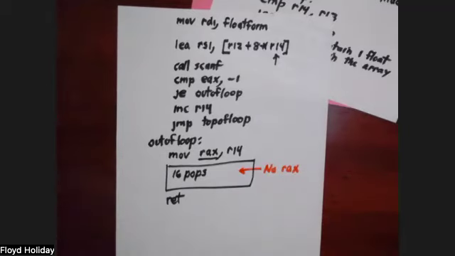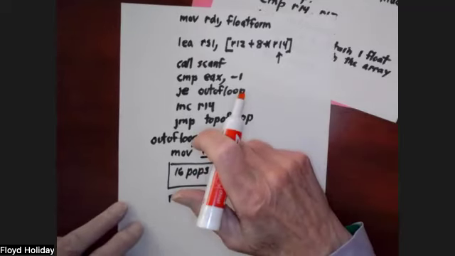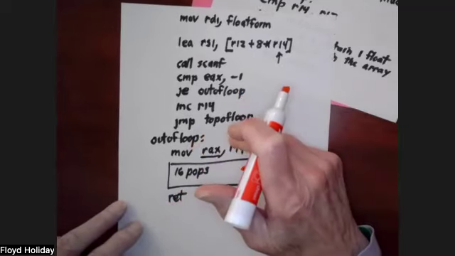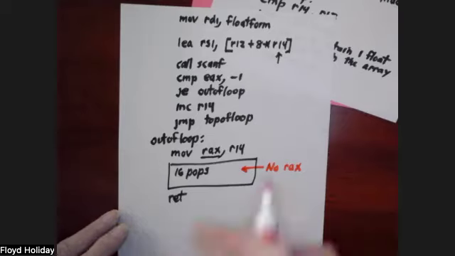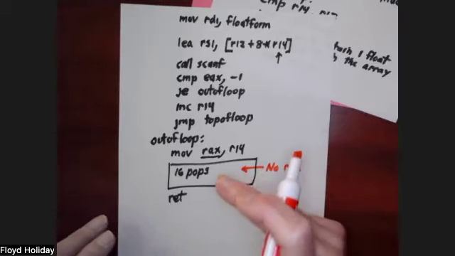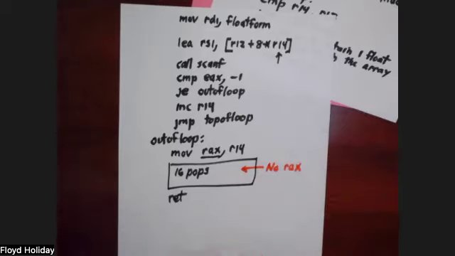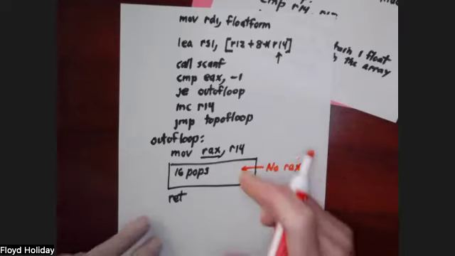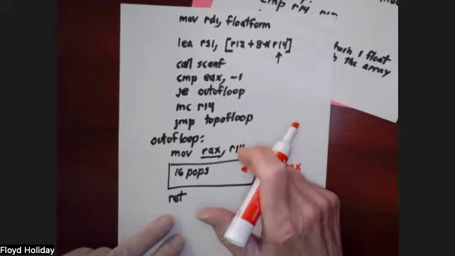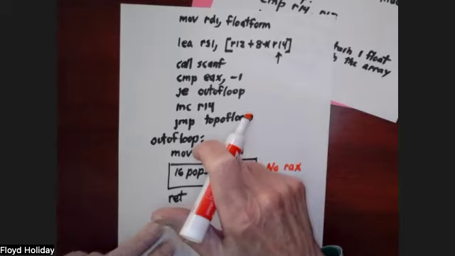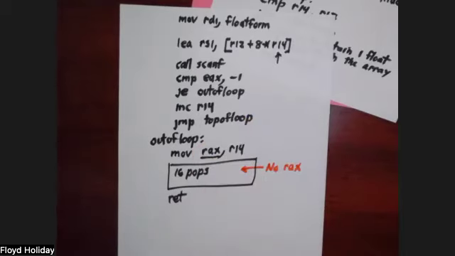It's intentionally omitted for exactly this case. RAX has to hold the value that counts the number of values put into the array. It could be 0, and it could be 20, I think. But whatever it is, it has to go here because that's the universal passing back register for all integer data.